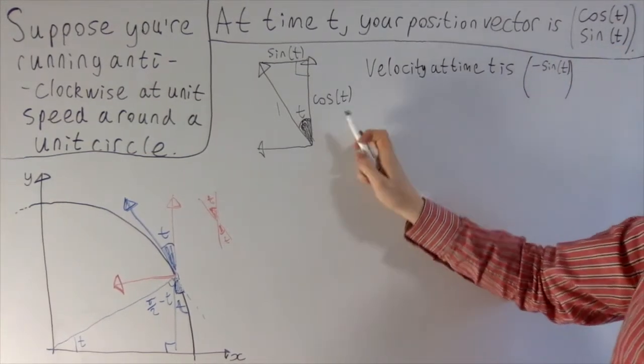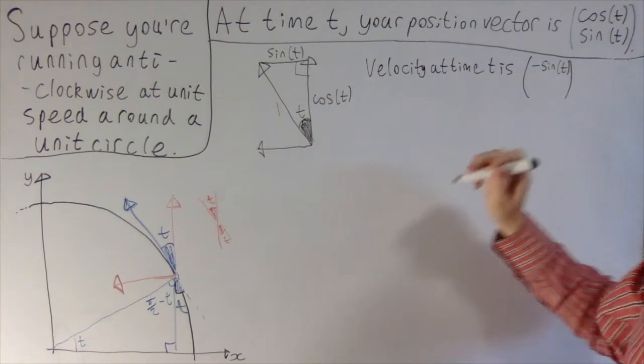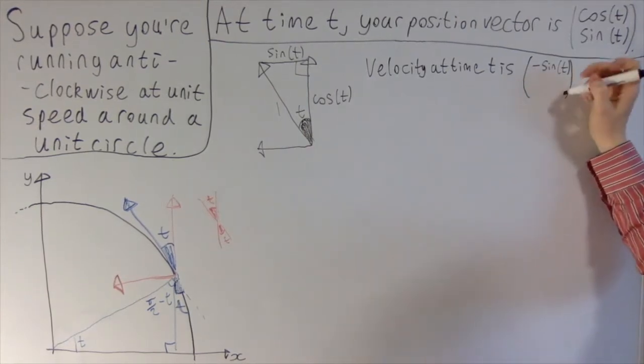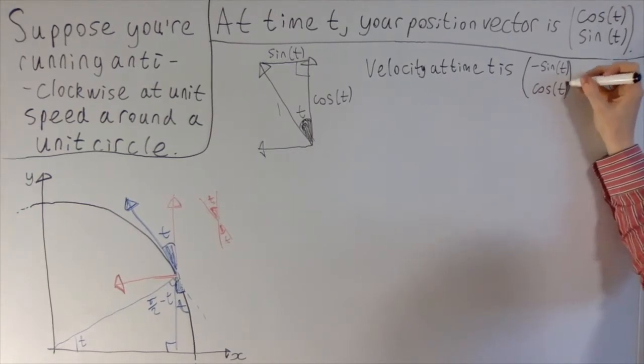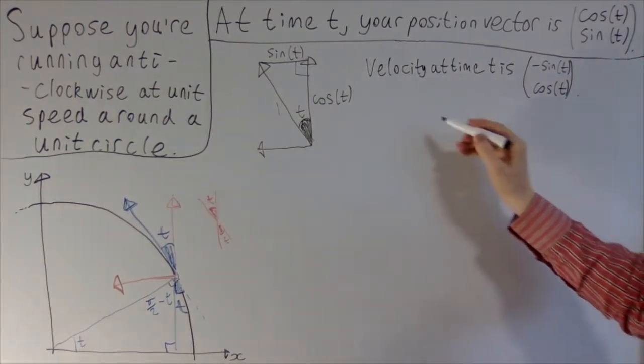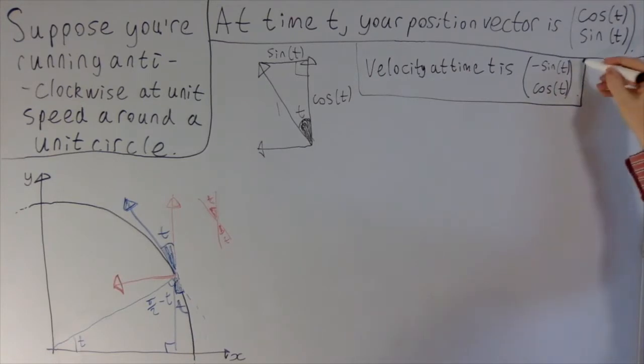And then in the y direction we're travelling with a speed of cos t. So this gives us our y component here. So the velocity at time t is given by minus sine t and cos t.